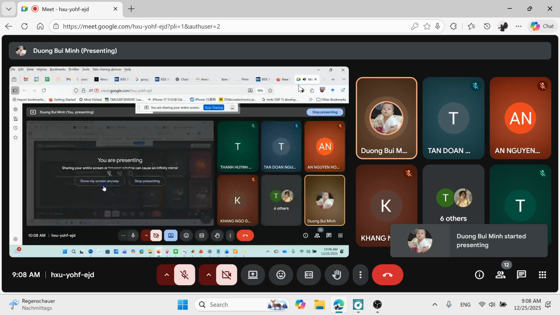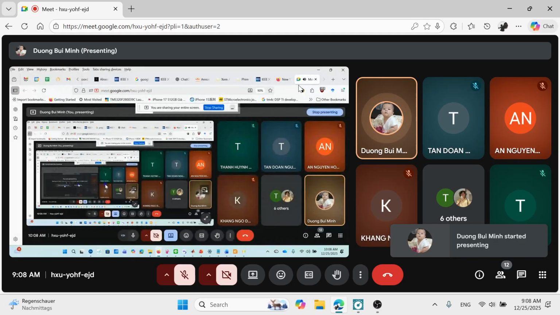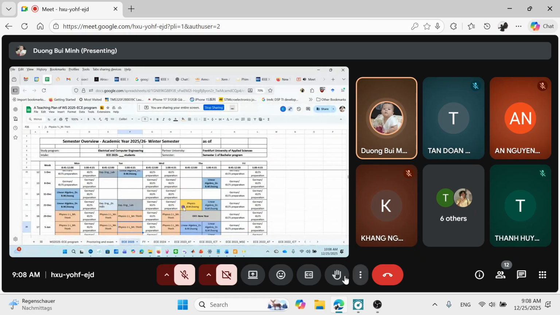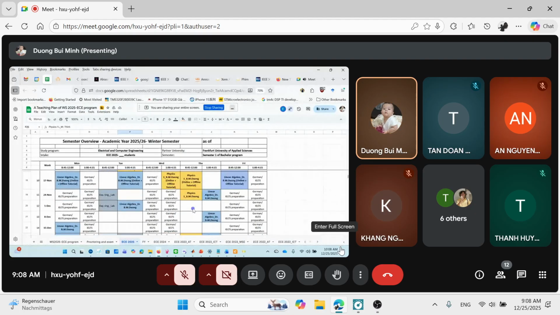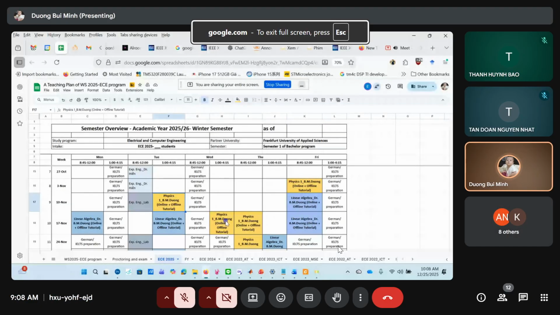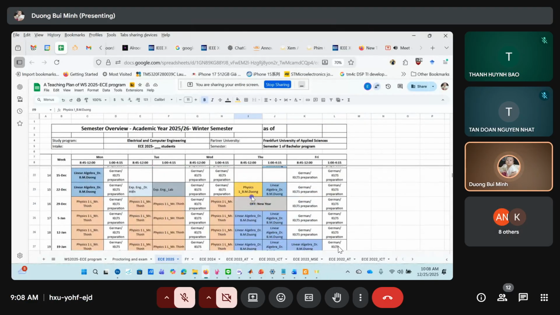Now we discuss a little bit the timetable of Physics 1. Up to now, including today's class, we have studied 6 classes.